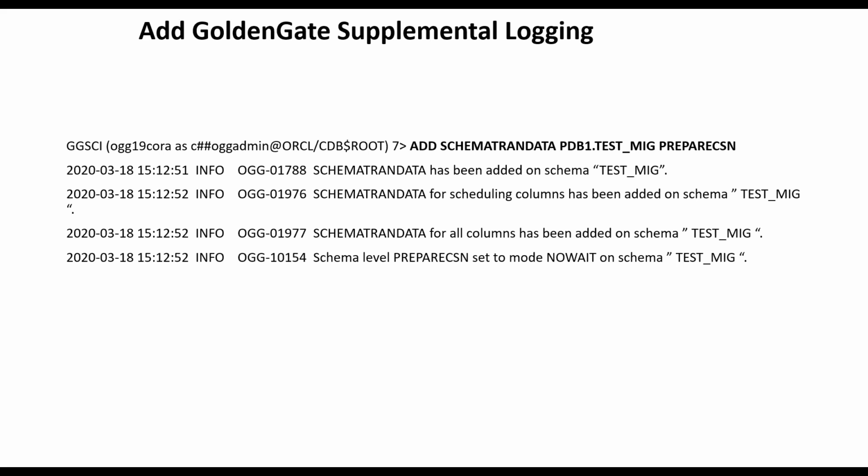And I can do it for the entire schema, or I can do it for a table. So in this case, I'm setting it up for a particular schema called test_mig, and it's in the PDB1 pluggable database. So this prepare CSN will enable interaction and integration between Oracle GoldenGate and Oracle Data Pump Export.